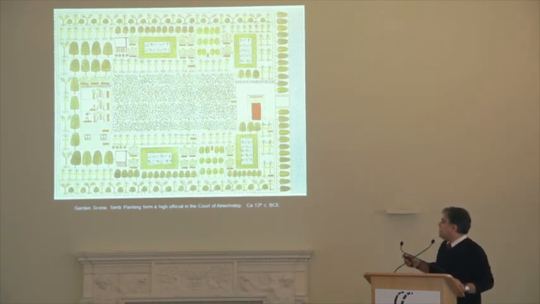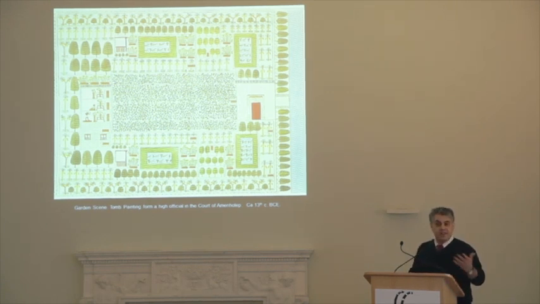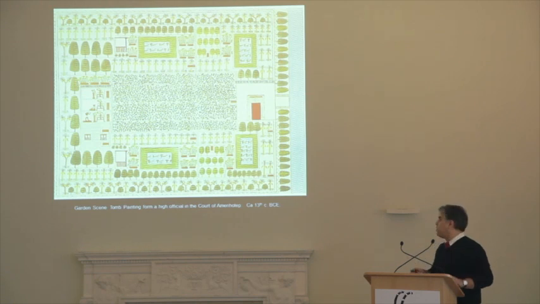And I would say this painting is very progressive, mainly because it includes information that we can rarely even see in 17th century or 18th century garden paintings in other parts of the world.